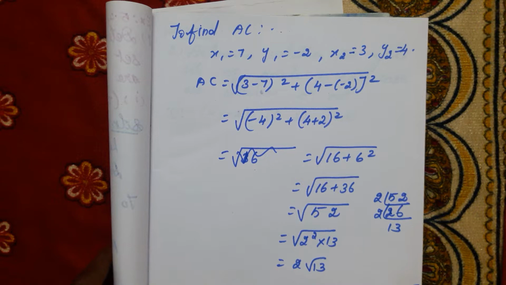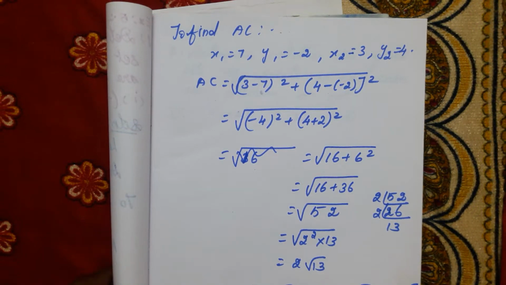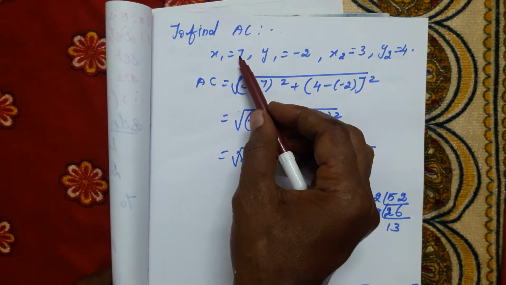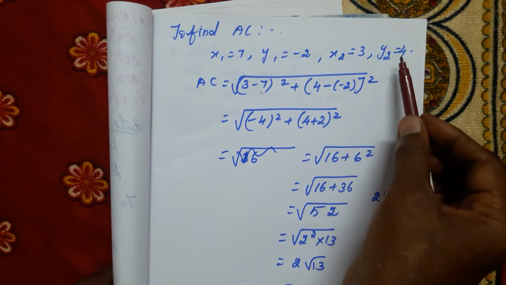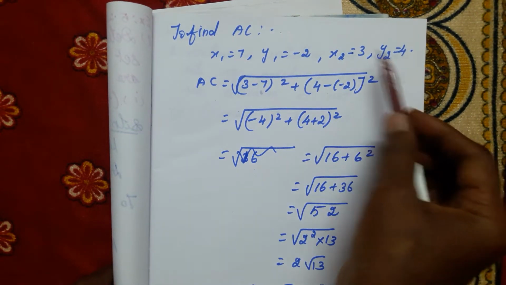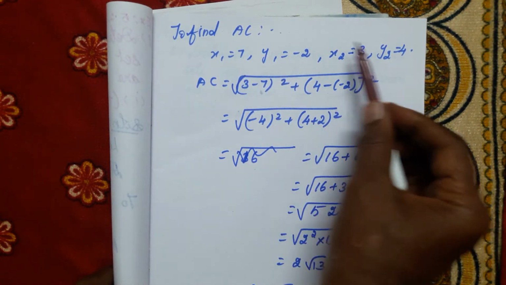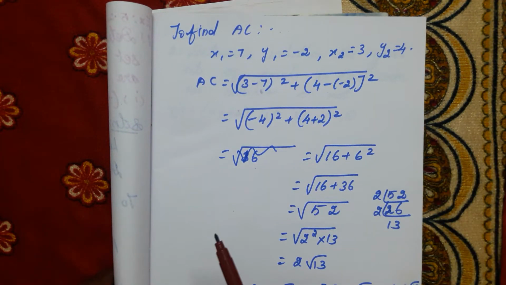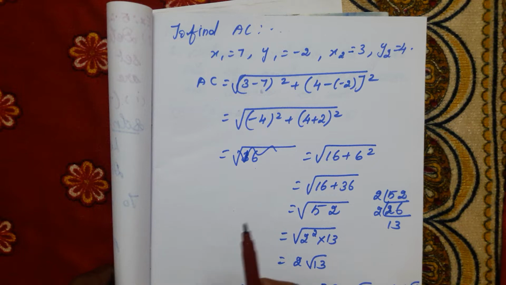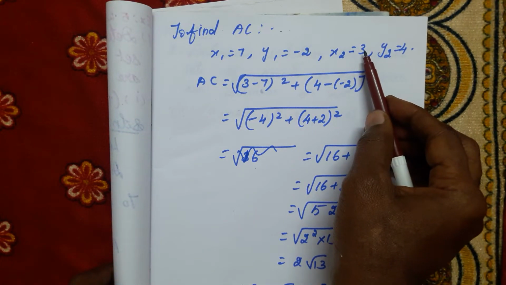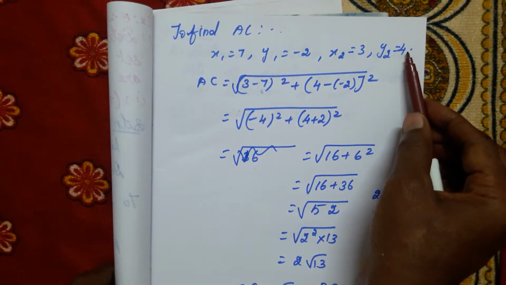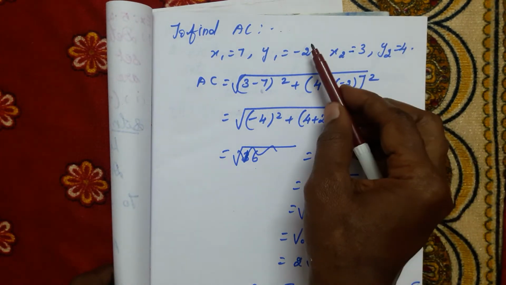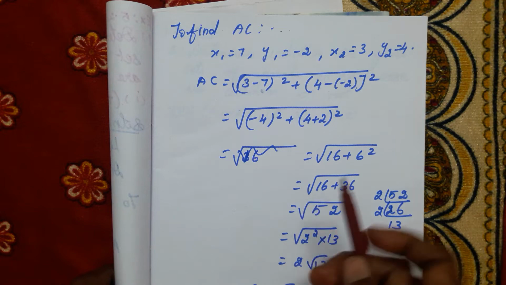Then we want to find the side AC. To find AC, x1 is equal to 7, y1 is equal to minus 2, x2 is equal to 3, y2 is equal to 4. A side is x1, y1, C side is x2, y2. AC is equal to root of 3 minus 7 the whole square plus 4 minus of minus 2 the whole square.